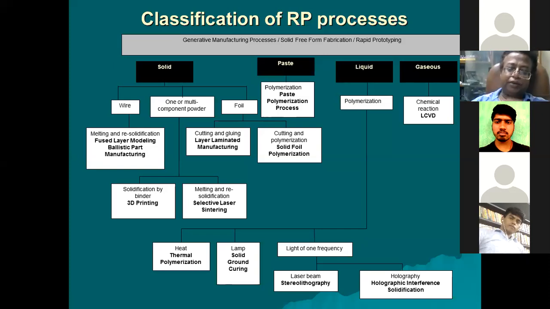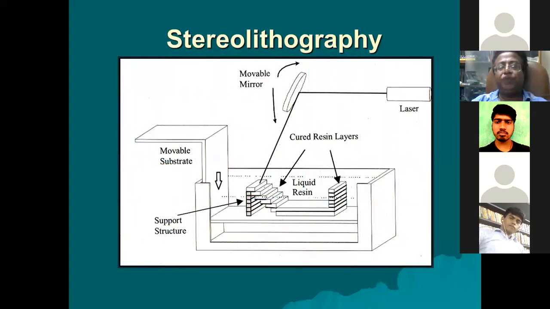This was the first process, which was developed in 1994. I told you yesterday also. The principle of this process is that we use a liquid resin to deposit the component. This liquid resin is nothing but a photosensitive monomer.